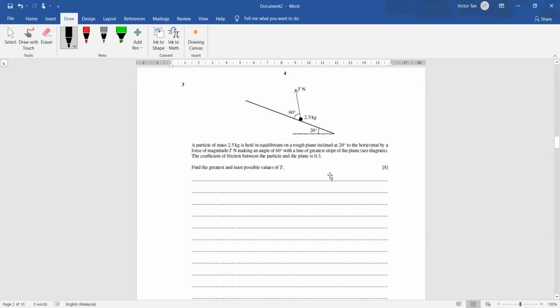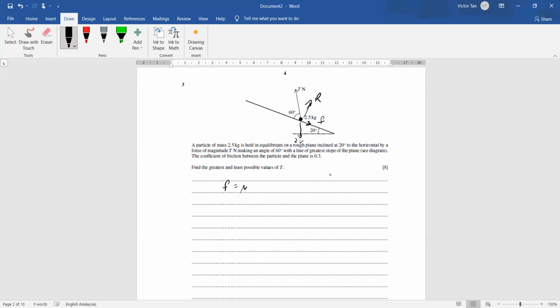Okay. Now you can either go upwards or you can go downwards. So let's see going upwards first. The weight is 25. This is the contact force.